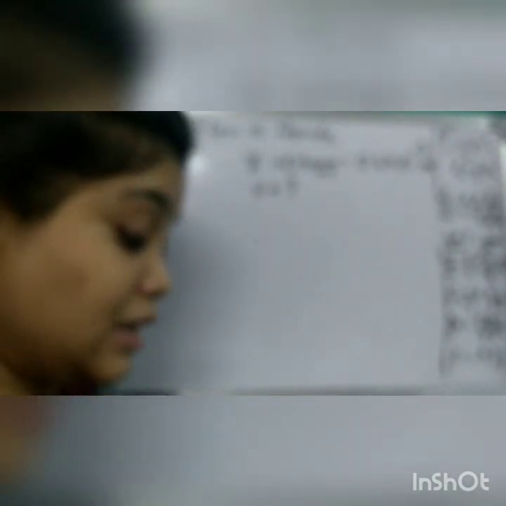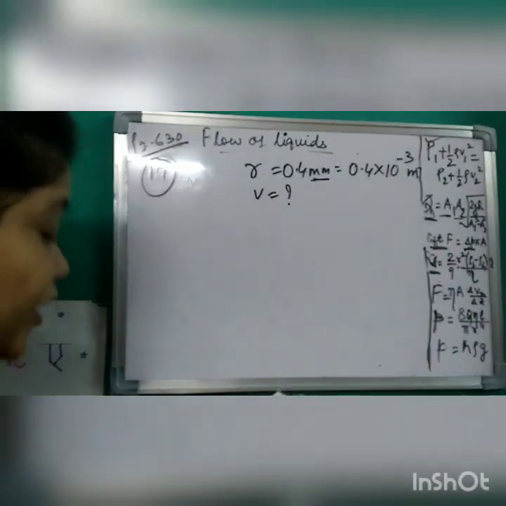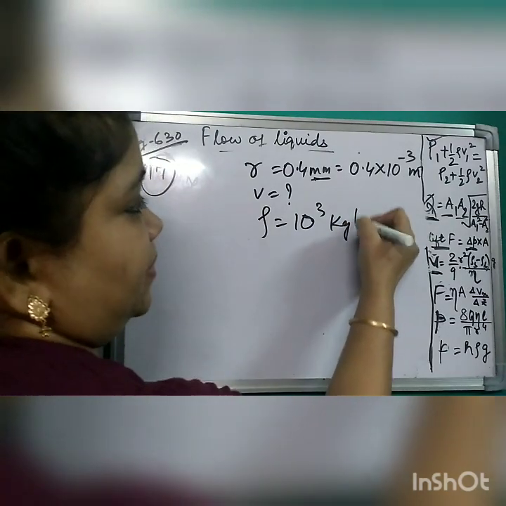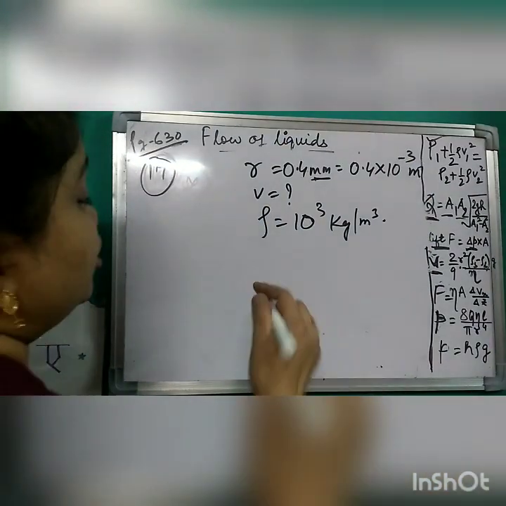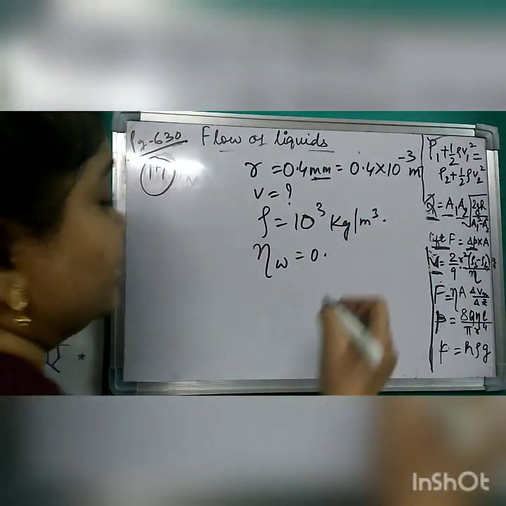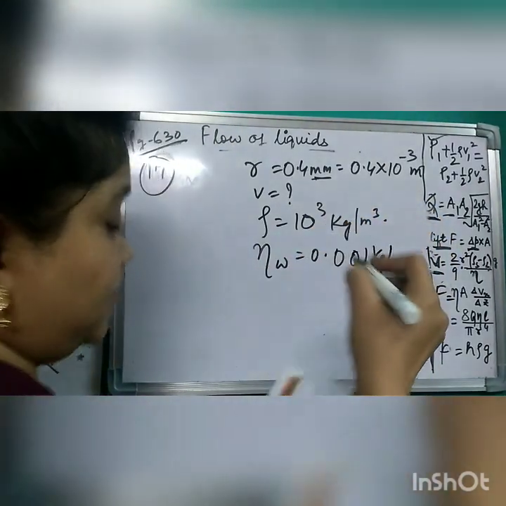What else is given? Density of air is negligible. Remember, density of air is negligible. Density of water is 10^3 kg per meter cube, as you know. The coefficient of viscosity of water is 0.001 kg per meter second.